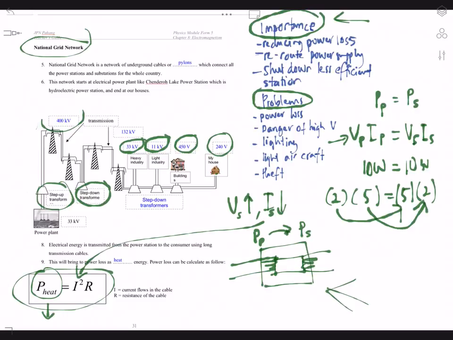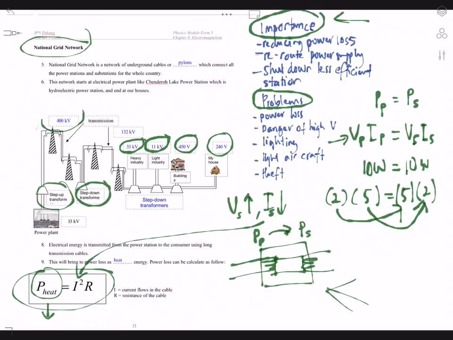Reroute power supply, because there is a network in the national grid system, and we can channel the energy according to the needs of consumers. In parts of the area where a lot of people want to use electricity, we can channel the electrical power supply to that area.